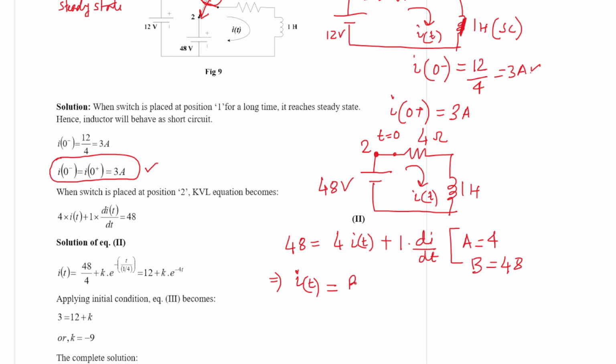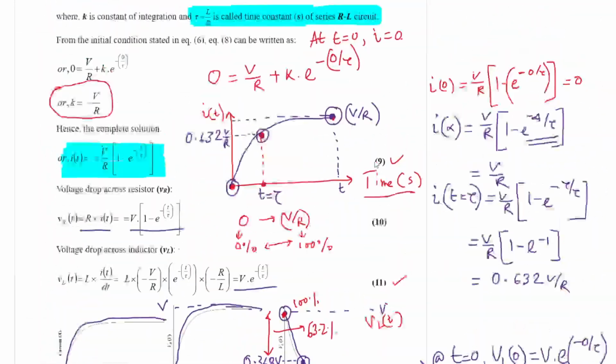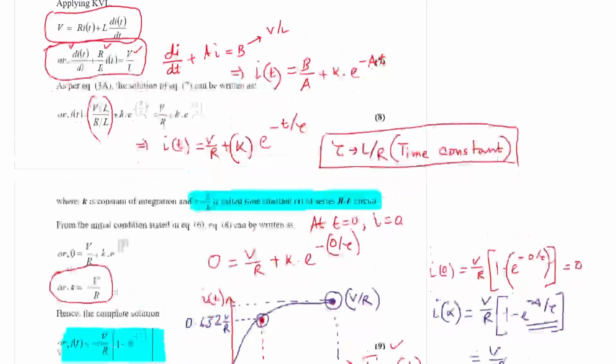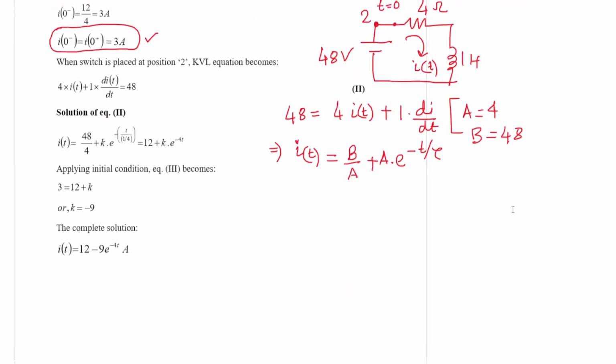It will be b by a plus k into e to the power minus t by tau. Sorry, it's my mistake.